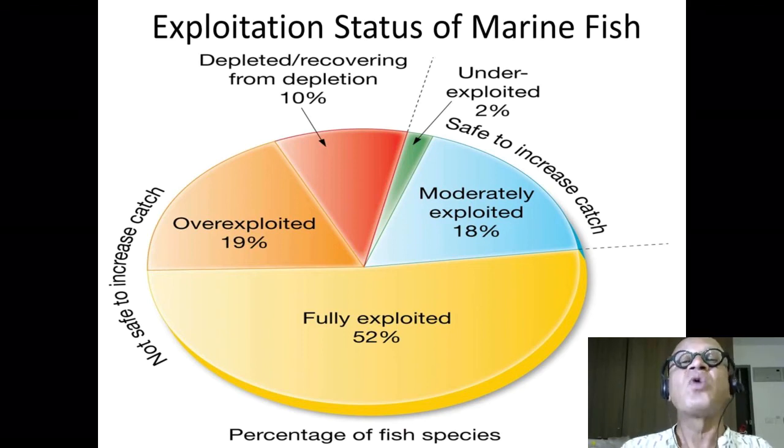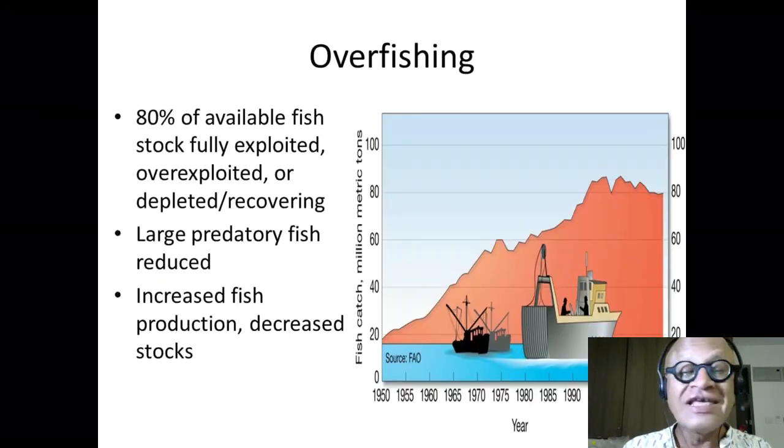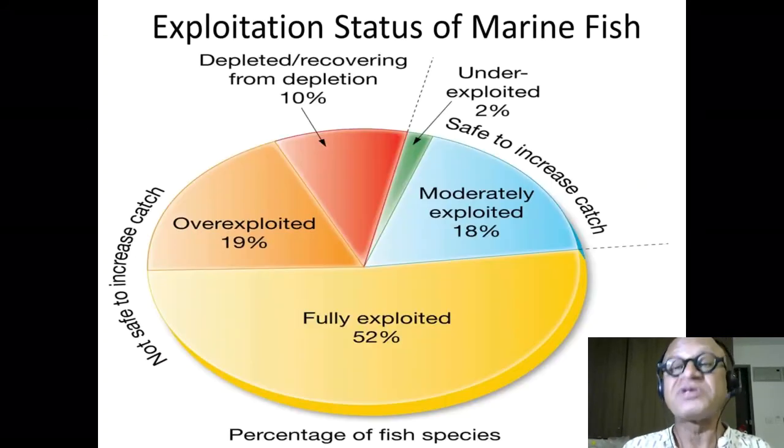We will see what steps can be taken to replenish or recover a species that has severely depleted or almost disappeared. Overexploited 19%, which means it's not sustainable anymore. Fully exploited 52%.